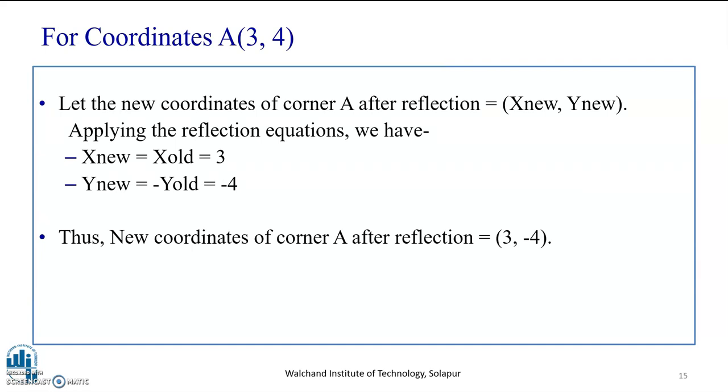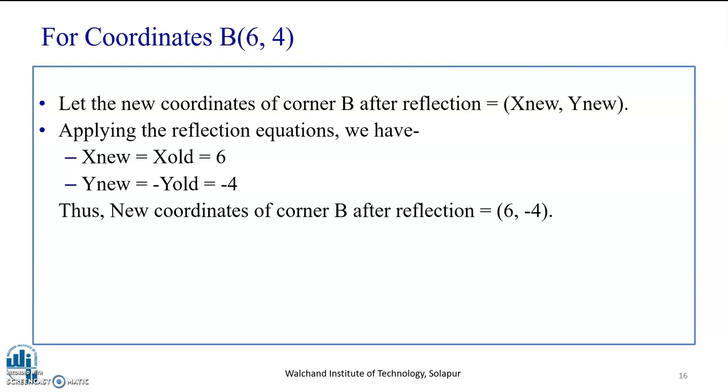Now we get x new equal to, for the coordinates A (3, 4), x new turns out to be 3 and y new is equal to minus y old, that is minus 4. So the new coordinates for corner A after reflection are (3, -4).